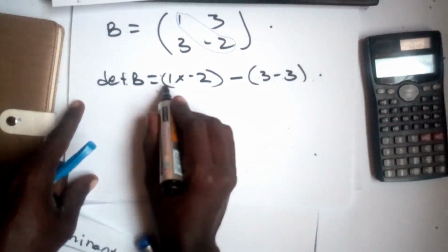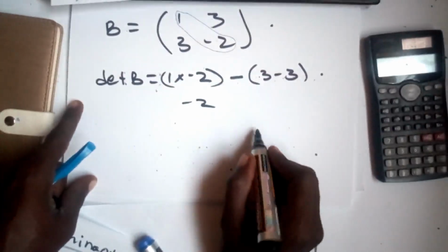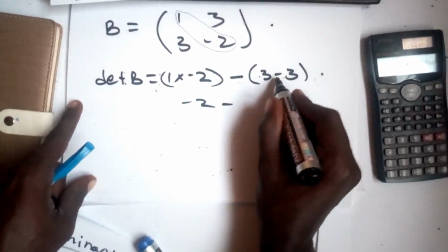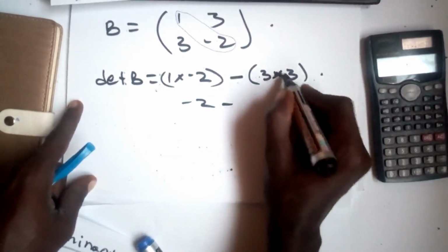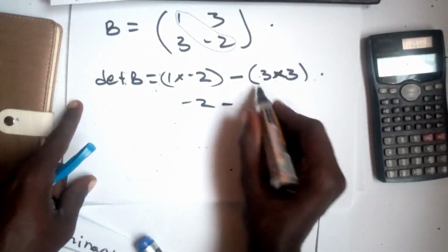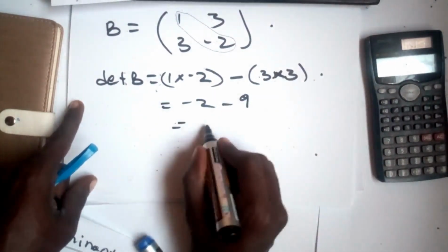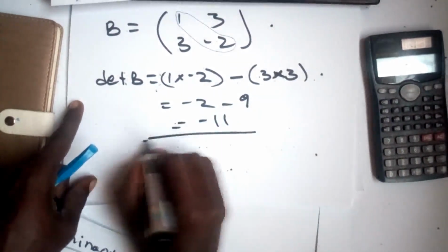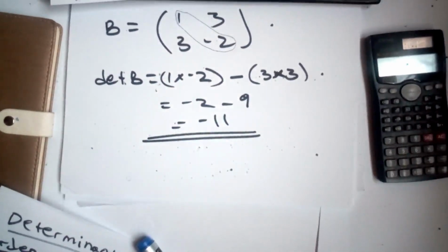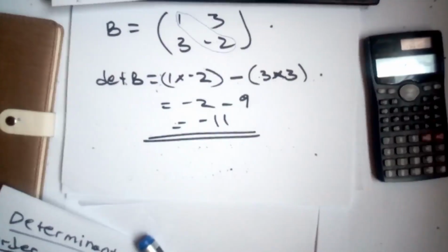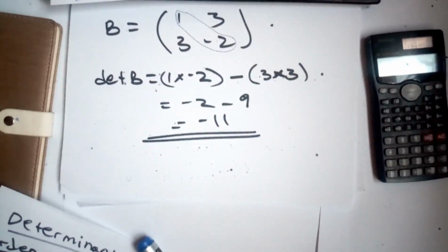So if I multiply, this is going to give me negative 2, minus, this is a multiplication, 3 times 3, which is 9, and I'm going to have the determinant as negative 11. As simple as that. That's what we shall be having for a matrix B with those entries.